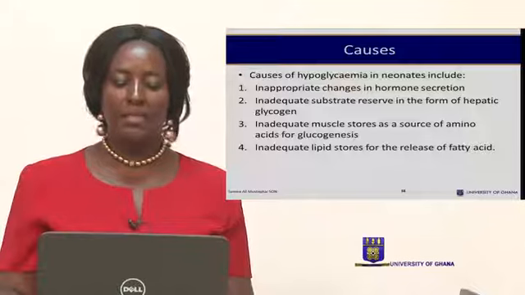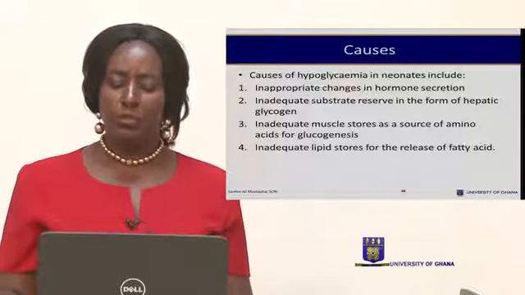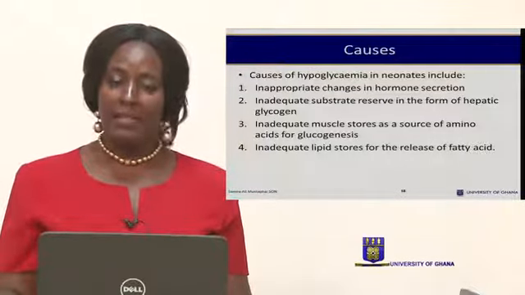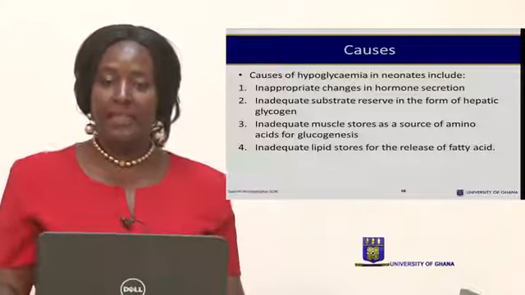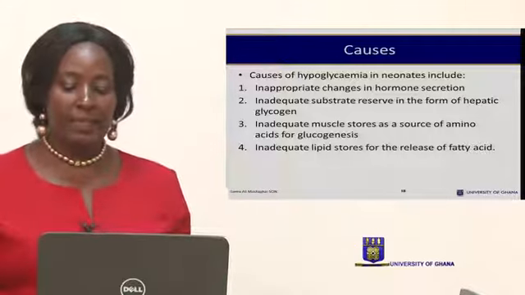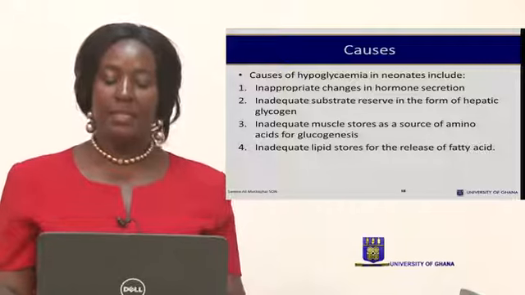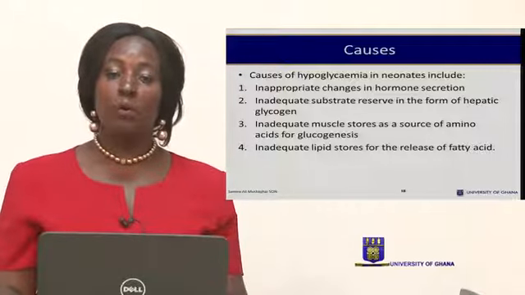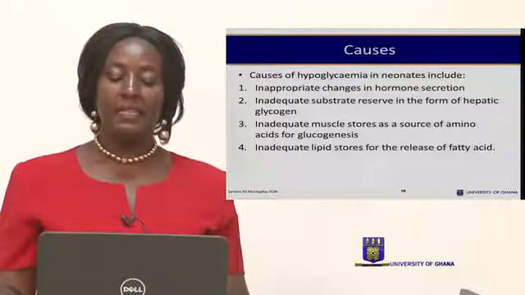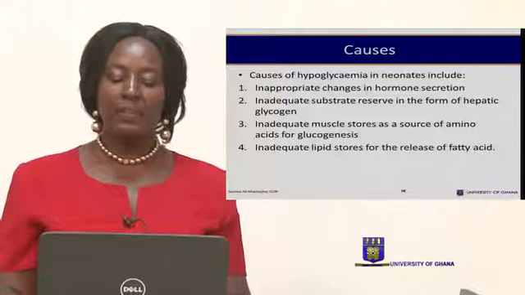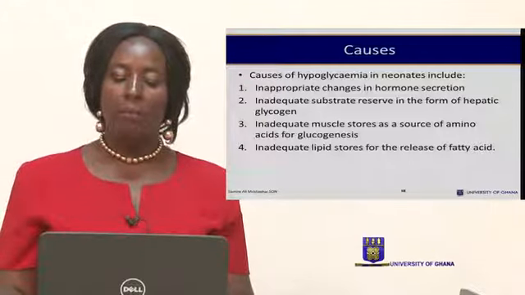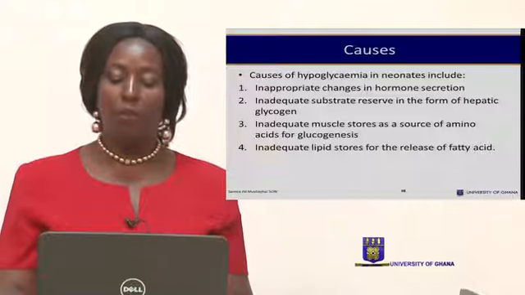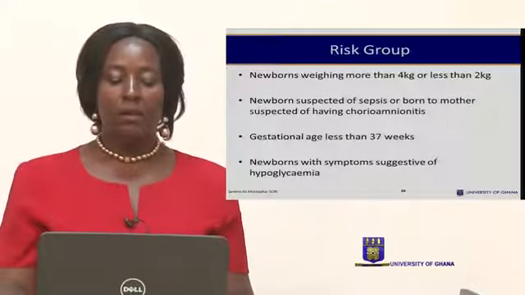An inadequate hepatic glycogen store. So we have said that in the premature, they lack this. So then with the slightest stress, they may be predisposed, or when feeding is not started early, they may be predisposed. An inadequate lipid store or muscle store of fat.